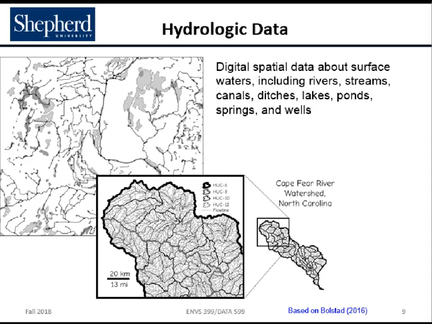NHD data are organized by areas in a hierarchically nested set of hydrological units identified by unique codes known as HUCs. NHD is a program to generate consistent, high-quality hydrographic data with elevation-based catchments.